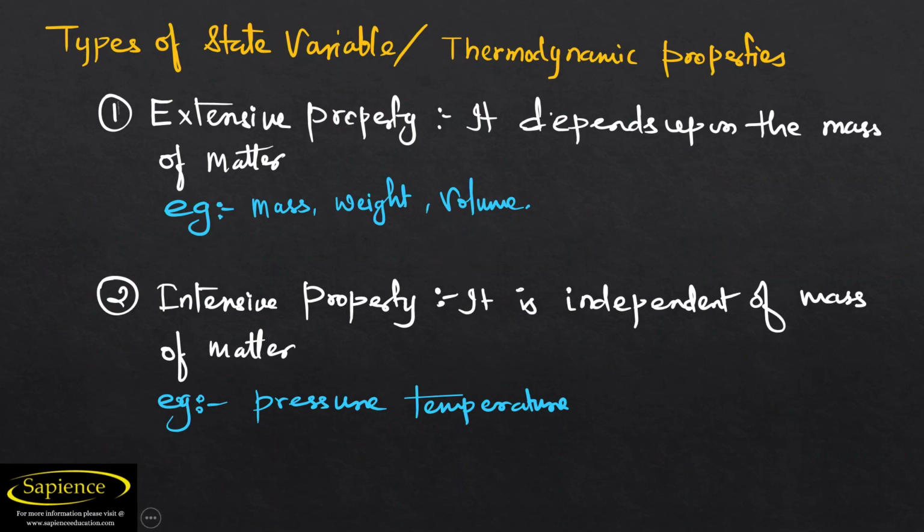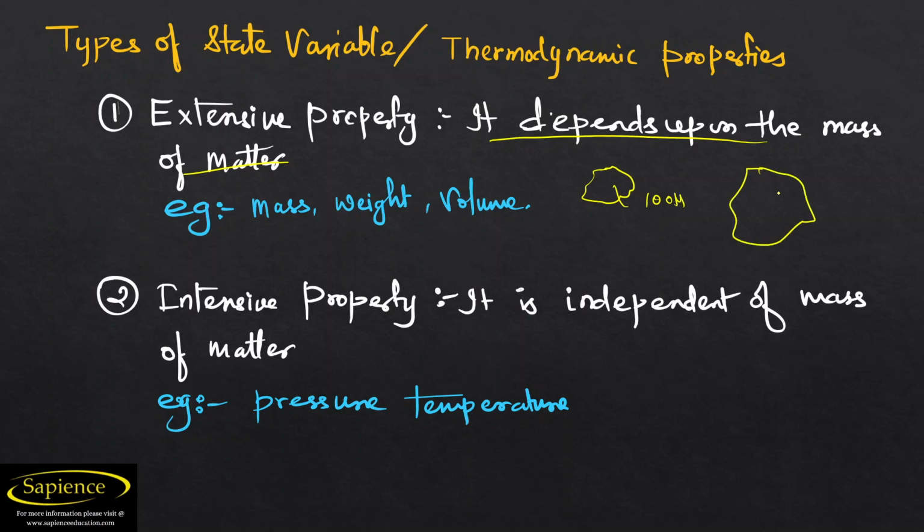Now, if we want to categorize, there are two types of state variables, that is, thermodynamic properties. The first is extensive property and the second is intensive property. So what does extensive property actually mean? It depends upon the mass of the matter. For example, this body has a weight of 100 Newton.